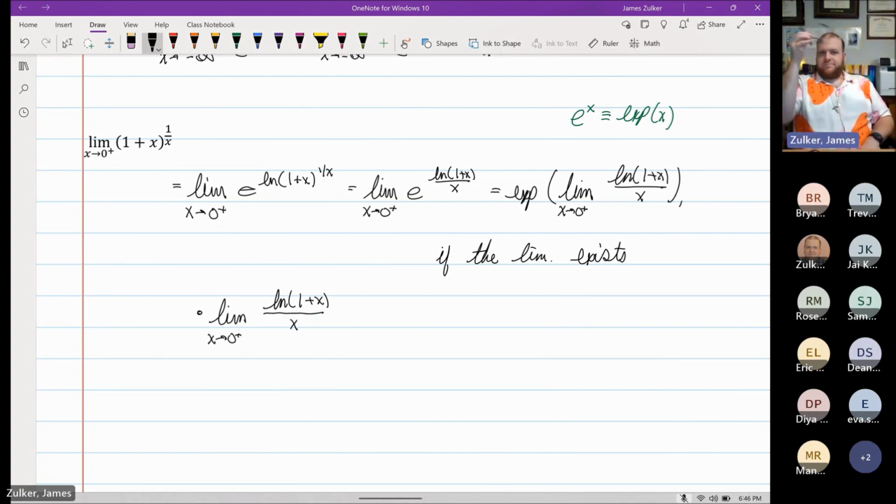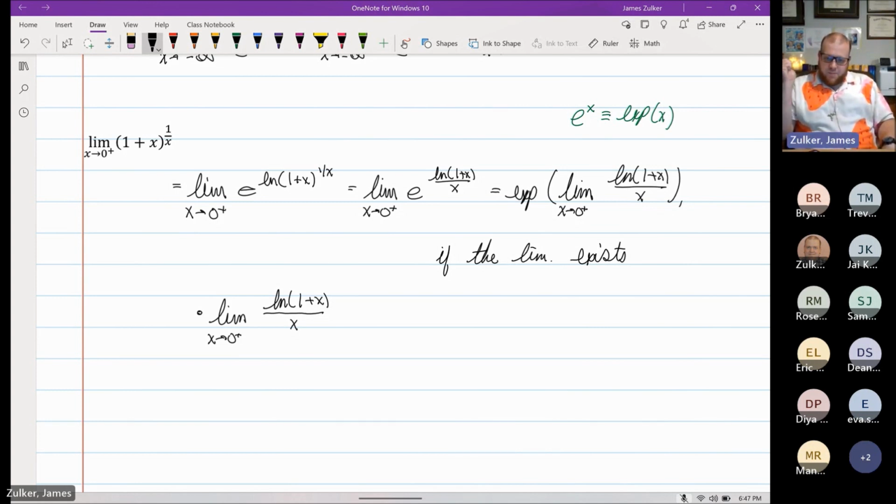So let's take a look at that limit. We approach 0 from the right. Limit of the numerator is natural log of 1, which is 0. Limit of the denominator is 0, right?